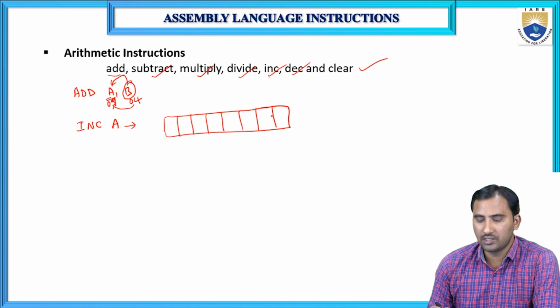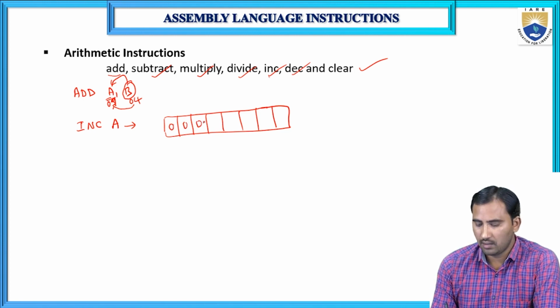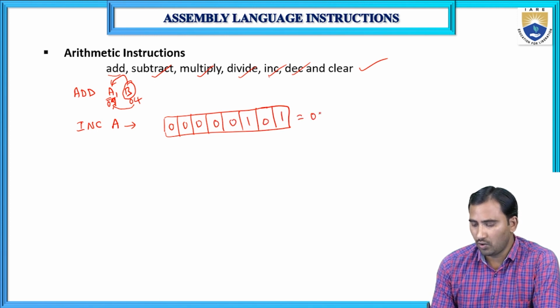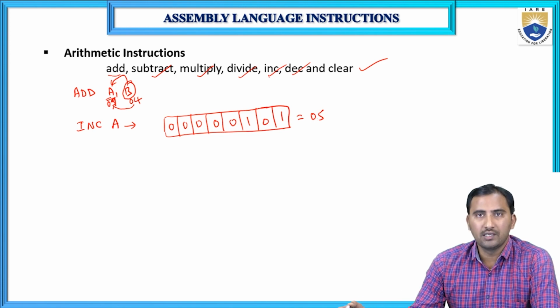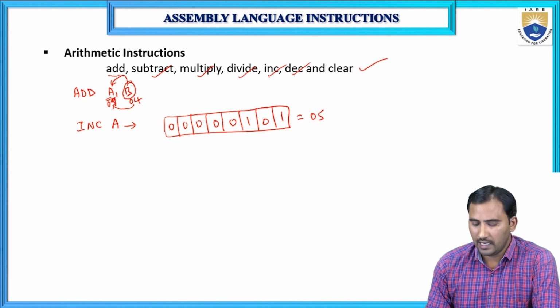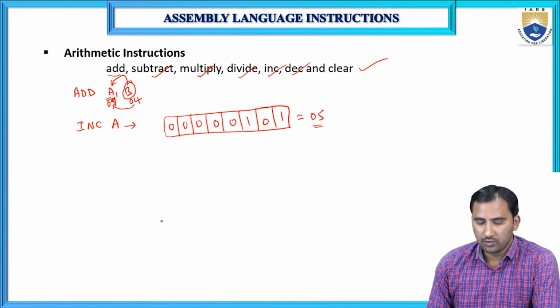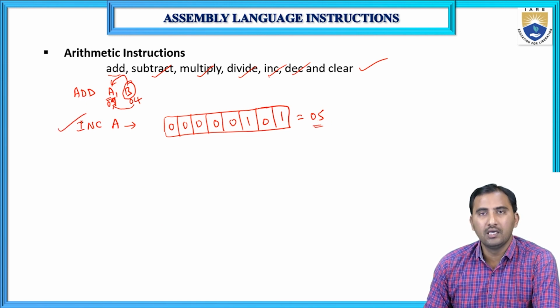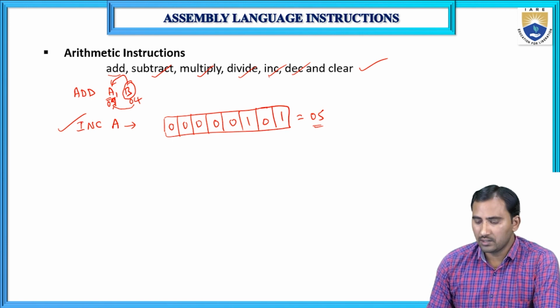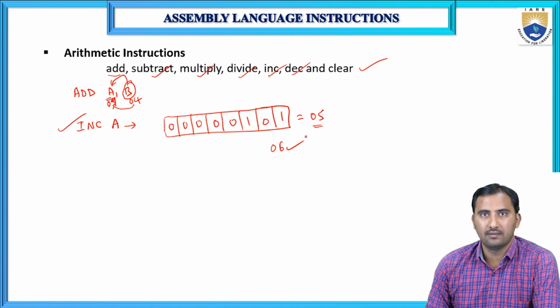If you consider an 8-bit register A, it has some value, say 05. So the register A has the value 05. Once the increment operation is performed, its value will be incremented by 1. After performing the increment operation, register A contains the value 6. That means 5 plus 1 is 6.